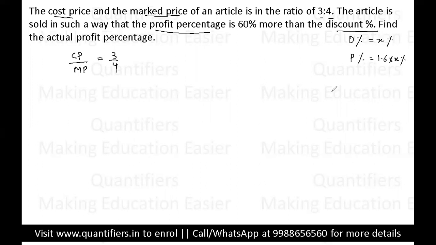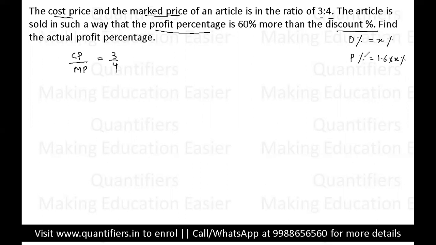Okay, students. If it is given that profit percentage is 60% more than the discount percentage, I have already explained that this means profit percentage will be 1.6 times the value of the discount percentage.